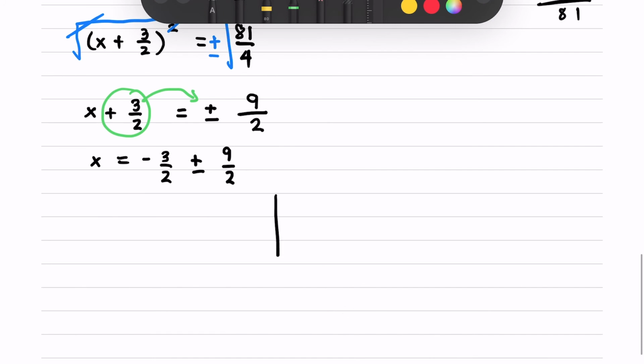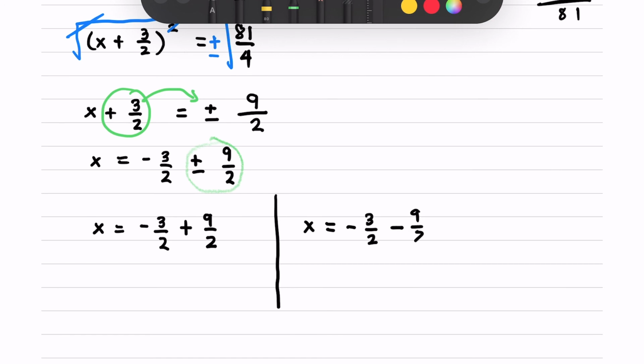Okay, so separate na natin yan. Kasi nga dalawa yung sign ng 9 over 2. Ito yun. And dalawang roots ang hinahanap natin. So, we have x equals negative 3 over 2 plus 9 over 2. And yung sa kabila is x equals negative 3 over 2 minus 9 over 2. So, work out na natin yan.